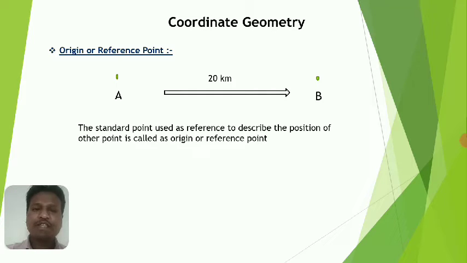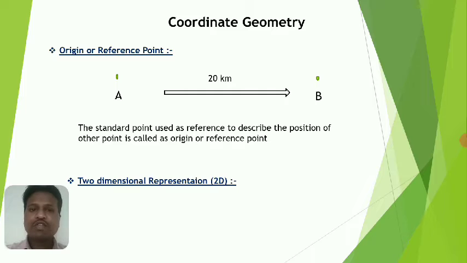We can define the origin in this way: the standard point used as reference to describe the position of other points is known as the origin. How can we easily represent any point in a given two-dimensional as well as three-dimensional plane?